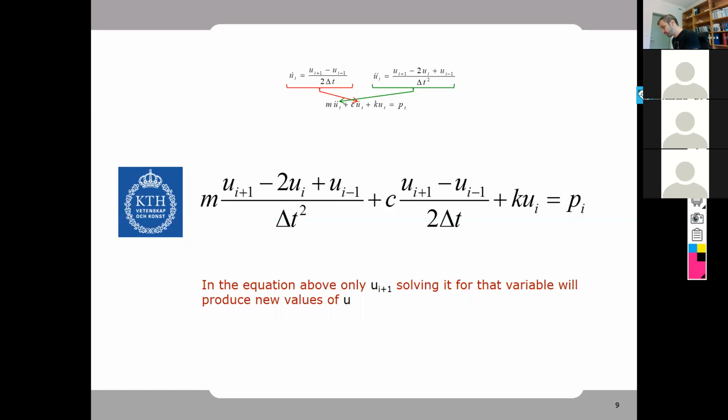To sum up, this method required a few things. First of all, of course, we need to know the properties of the structure. That means that the mass needs to be known, the stiffness needs to be known, the damping needs to be known. And of course, it requires that we know the forces that are acting on it. We cannot calculate the response if the forces are not known.